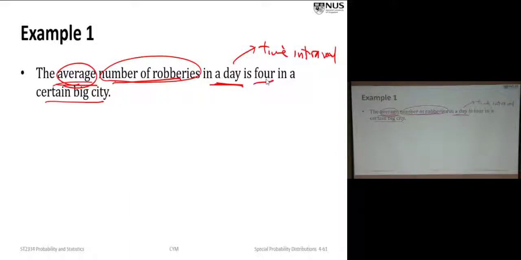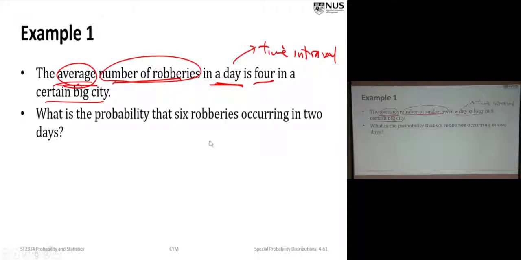The average is 4. So we are asked, what is the probability that we have 6 robberies occurring in 2 days? How do we deal with it? Basically, it's the number of occurrences. Maybe we have x to represent the number of robberies.